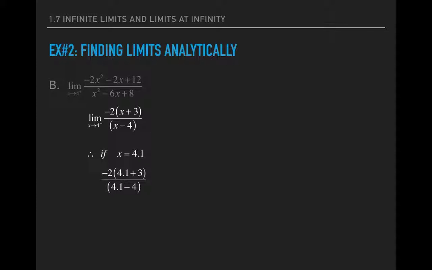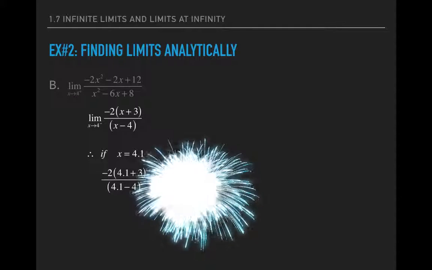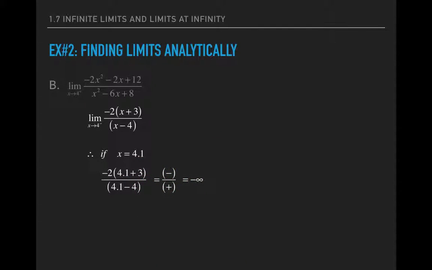And we plug that in, you're going to have a negative value on top because it's going to be positive sum times a negative. But 4.1 minus 4, that's going to be a positive value. So your limit here coming from that right-hand side is going to negative infinity.